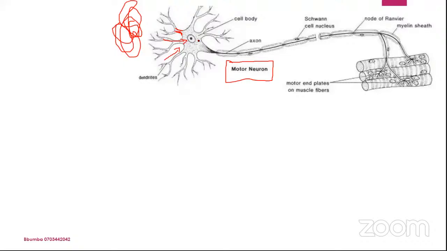So when the impulses have reached the cell body, then they travel along the nerve, the axon. This wire, which is running through up to the effector organ, which can be a muscle or an organ, is called an axon. And it is in charge of transmitting impulses towards the effector organ or the gland.